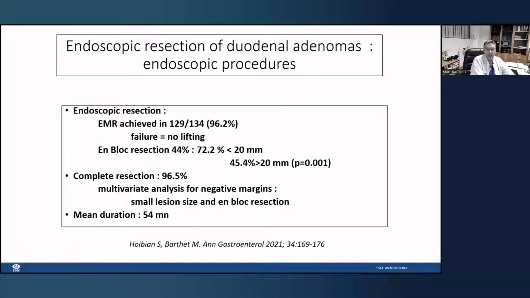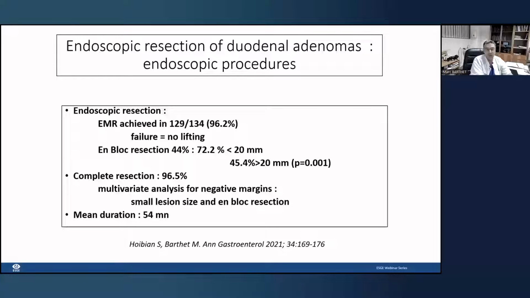So en bloc resection was achieved in nearly half of the cases, but you see the lower the size, the greater the en bloc resection rate. With more than 20 millimeter size, you have the risk of not doing en bloc resection.